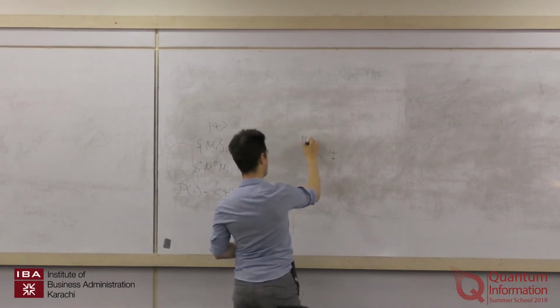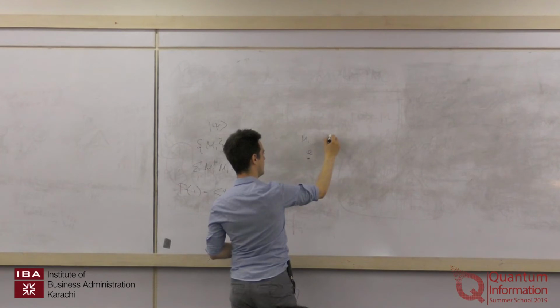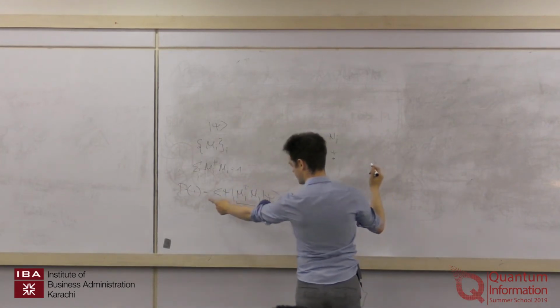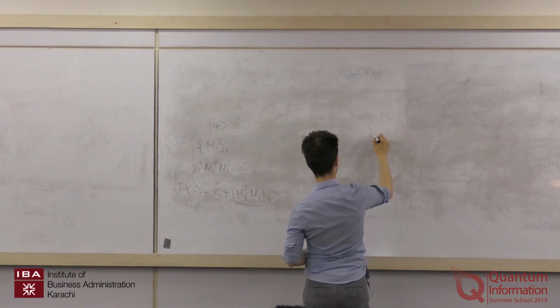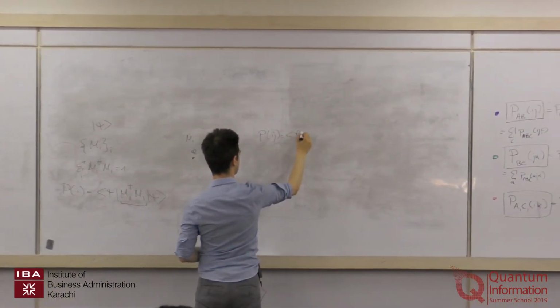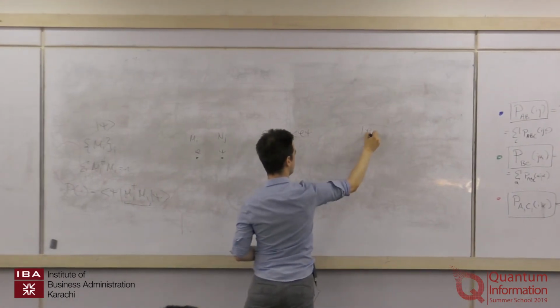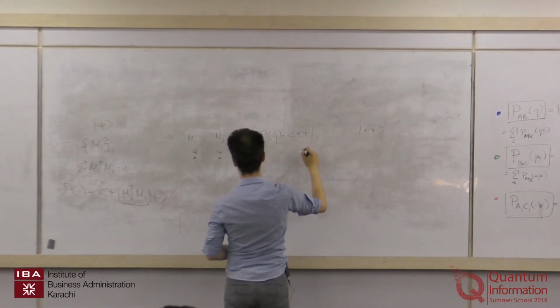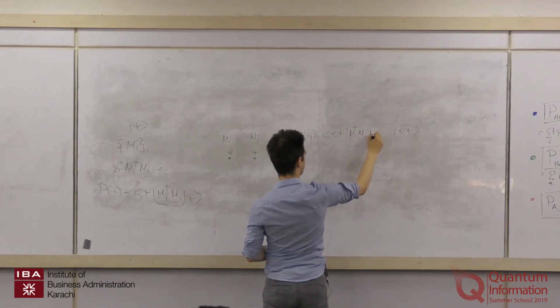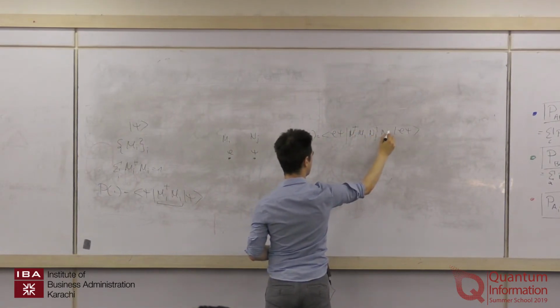And we do the measurement mi on this one, and let's say nj on the one on the right. So what's the probability of getting some answer ij? I'm going to put the state phi and psi on the right, phi and psi. And now I'm going to have mi dagger mi, nj dagger nj, and so on.